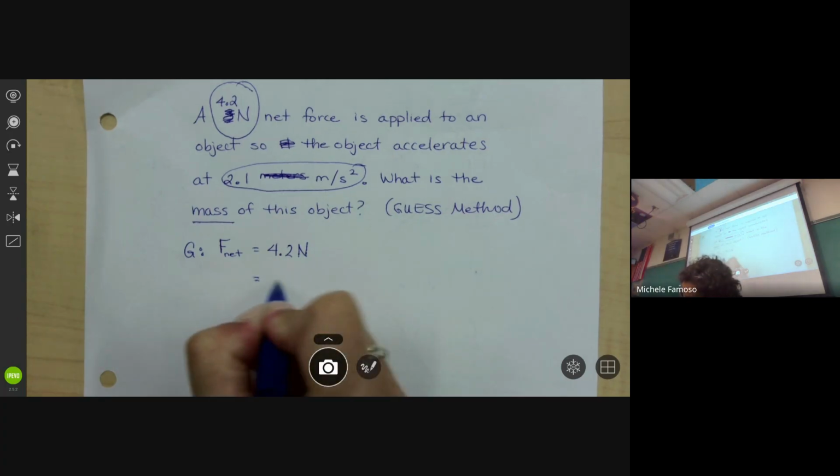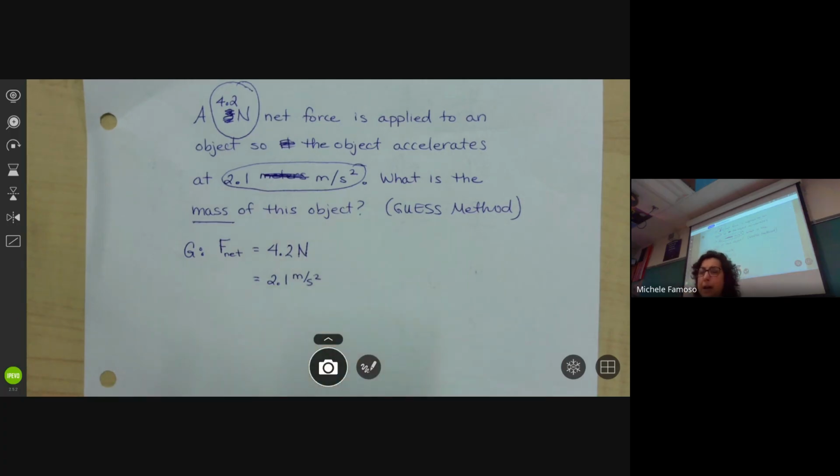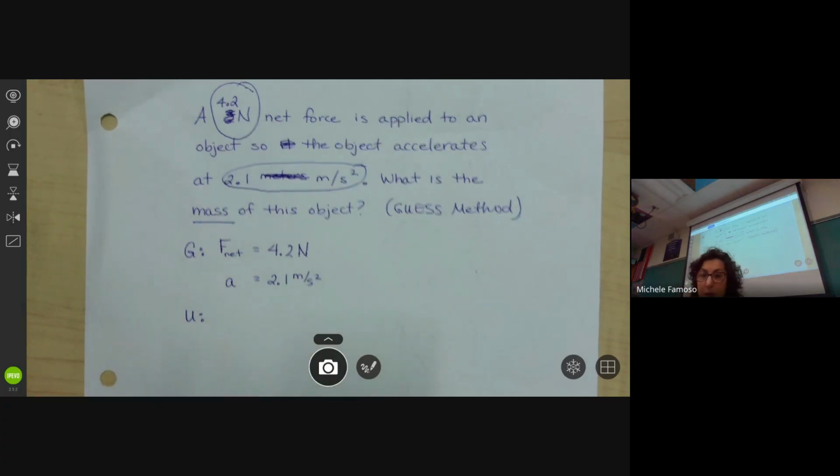The next value that you circled was 2.1 m over s squared. What is that a measurement of according to this problem? And according to page 6 of our reference table, what letter are we going to use for acceleration? Lowercase a. All right, those are the only measurements we know.